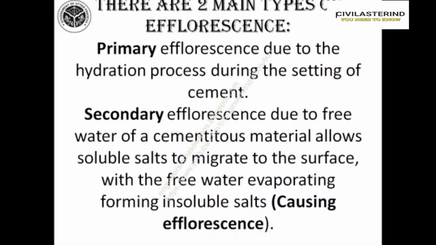There are two types of efflorescence. One is the primary and the other is the secondary. Primary efflorescence is due to the hydration process. When we use the word hydration, it means the process of the water penetrating into the brick and passing through the brick.